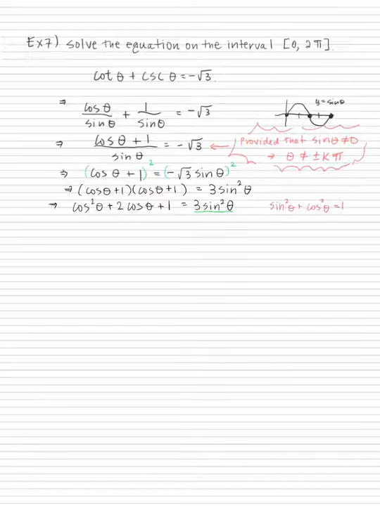Okay, so here what we're going to get now is cosine squared of theta plus 2 cosine plus 1 equals 3 times 1 minus cosine squared. Okay, so let's work this step by step.